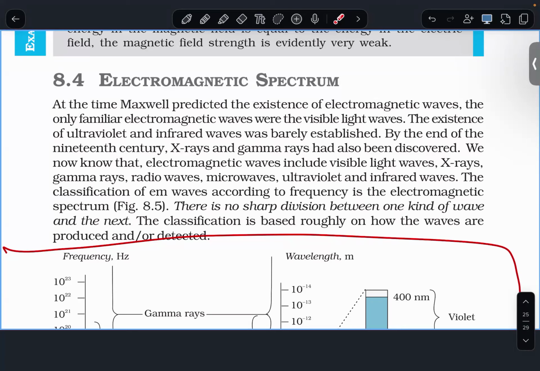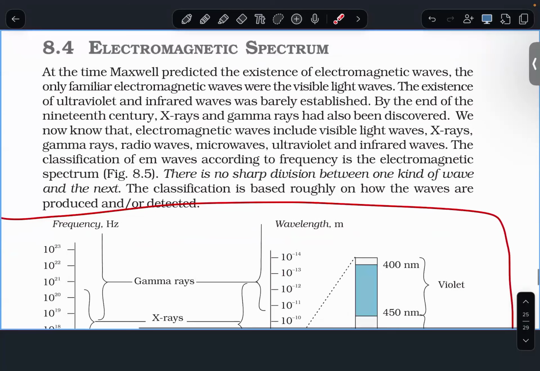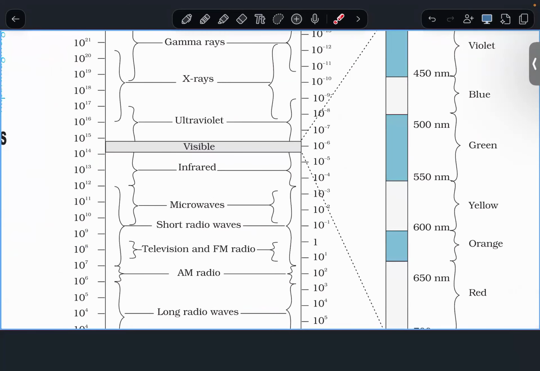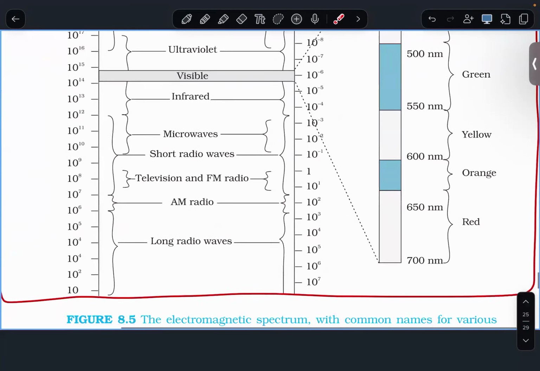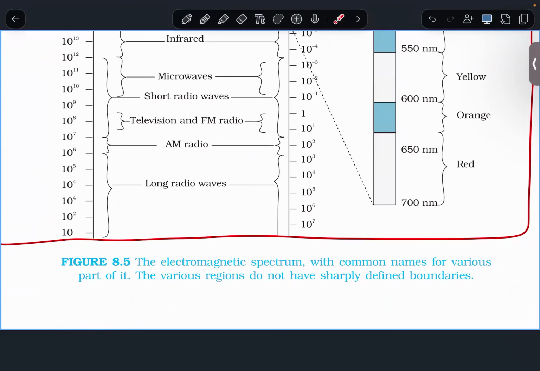So therefore, there is a need to arrange them in a proper order. You know, a spectrum is an orderly arrangement of something. According to the wavelength, they were arranged. Starting from gamma rays, followed by X-rays, followed by UV, followed by the visible region, followed by the infrared region, followed by microwaves, followed by radio waves, etc. That is the order of wavelengths, shortest to longest.